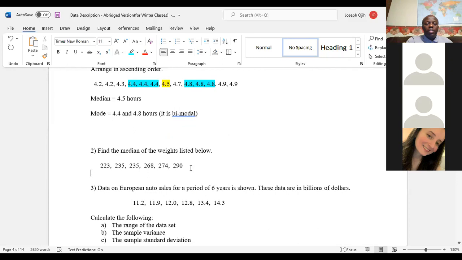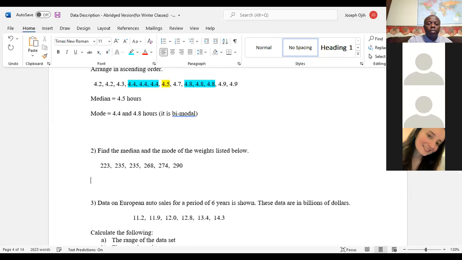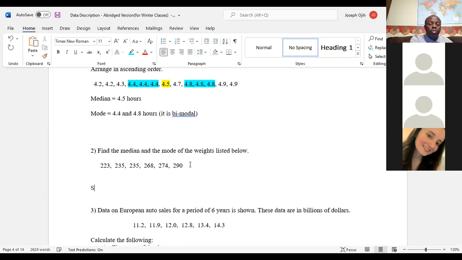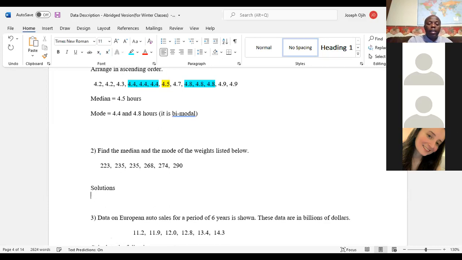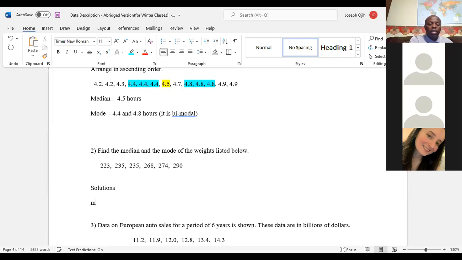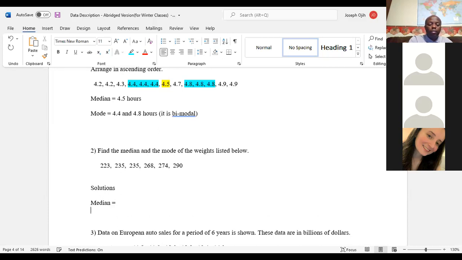Look at this one. It says, find the median of the weights listed below. Actually, I'm going to make it find the median and the mode of the weights listed below. So, in that case, solution, we're looking for the median and mode.